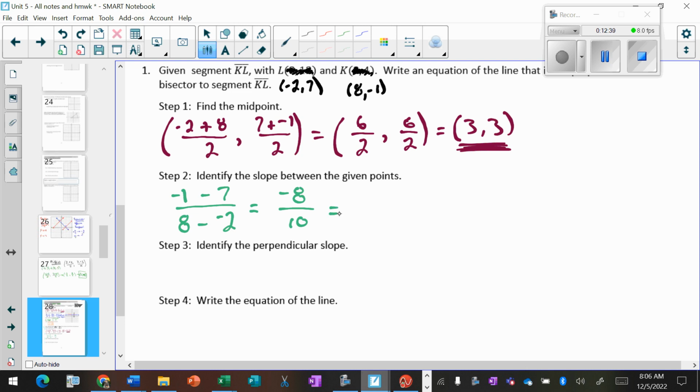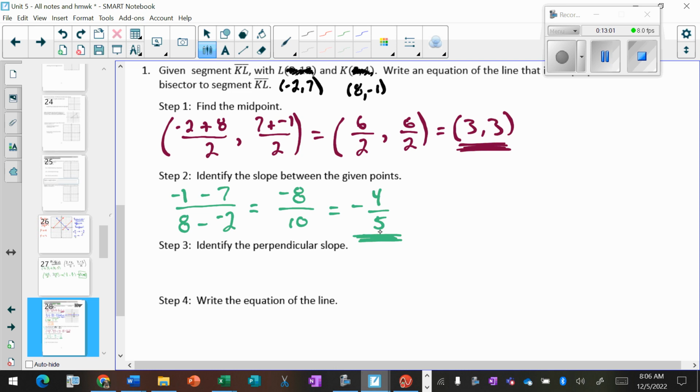And you should reduce your slope fraction as much as possible. If you don't want to do that with your own brain, then use the calculator. That's why you have access to those. And the Inspire, if you just type in -8 divided by 10, will automatically reduce the fraction for you and give it right back to you in fraction form so that you know your slope.